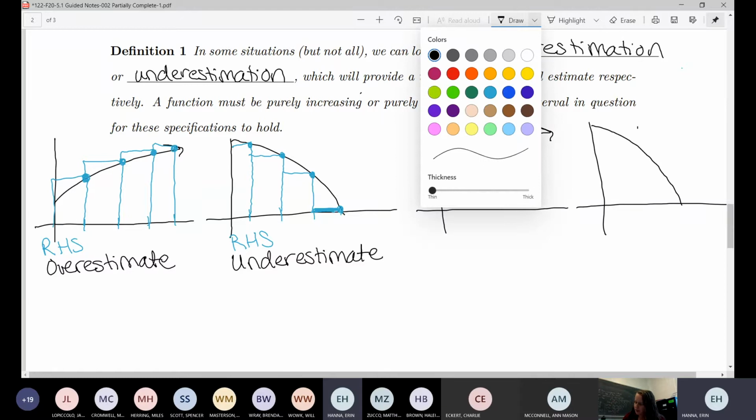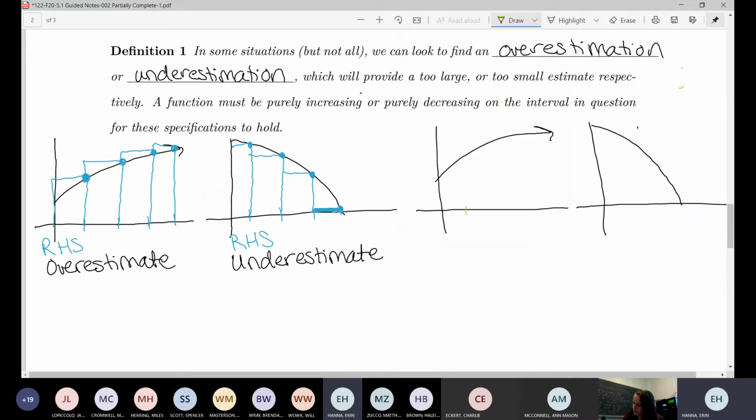And then if we do left-hand sums, 1, 2, 3, 4, 1, 2, 3, 4. So go up to the left side, left, left, and then left, left. Ooh, these do not look pretty.